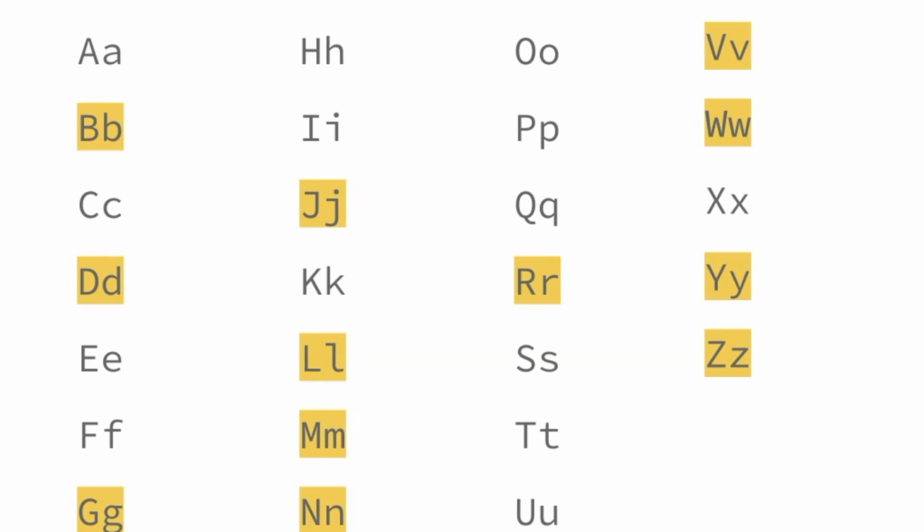All of these consonants are voiced. That means they use air and voice.